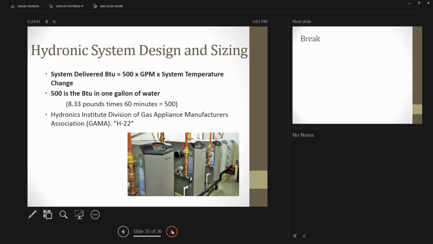And just as the Air Conditioning Contractors of America have Manual J, S, and D, the AHRI (Hydronics Institute) standard is what's used for sizing and delivery of hydronic heat and equipment.